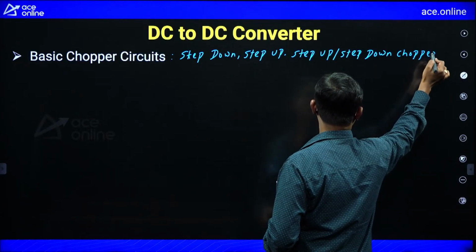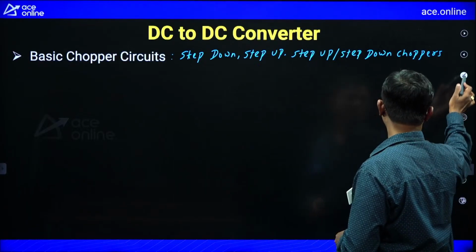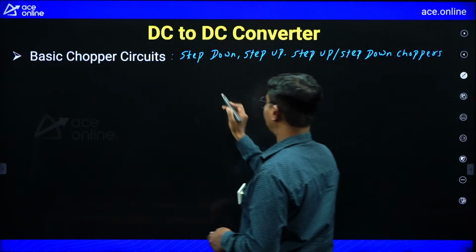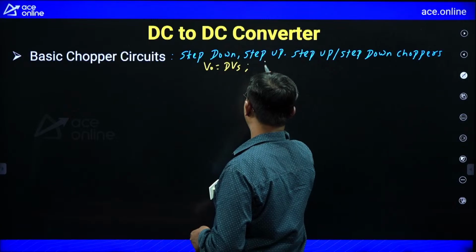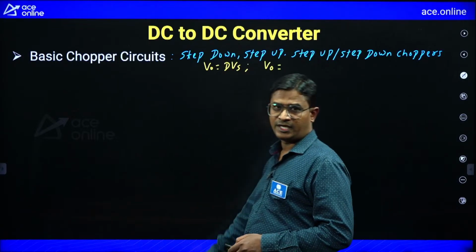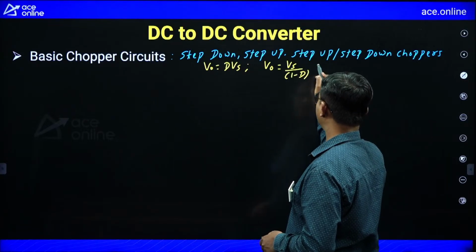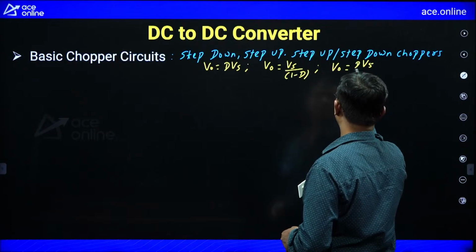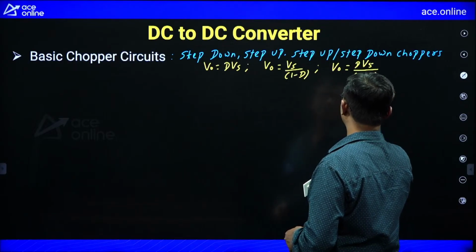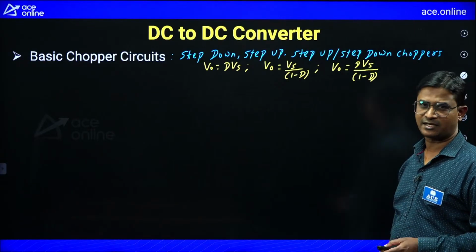In these chopper circuits, the output voltage expression V0: for step down, V0 is D into Vs. For step up, it is Vs upon 1 minus D. And for step up-step down, V0 is D into Vs upon 1 minus D. So these expressions are important as long as basic chopper circuits are considered.